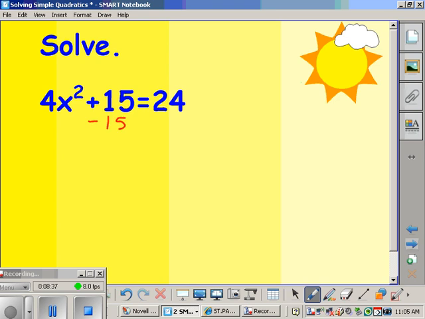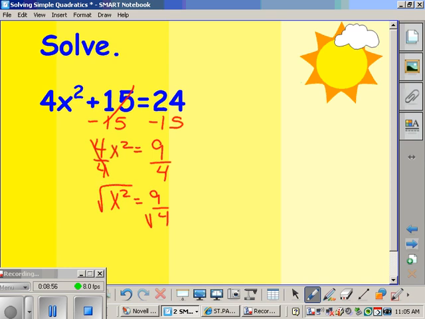Okay, for this problem, we're going to solve it for x squared first. So we'll have 4x squared equals, and then 24 minus 15 is 9. We're going to divide this by 4. Now, this is a fraction that we have on the right side, which is still fine. Let's take the square root of both sides to get rid of our squared symbol with the x.